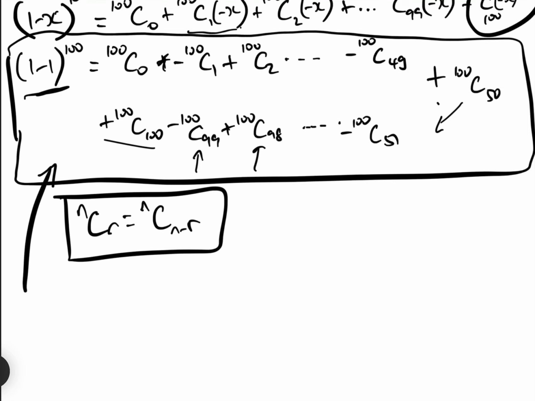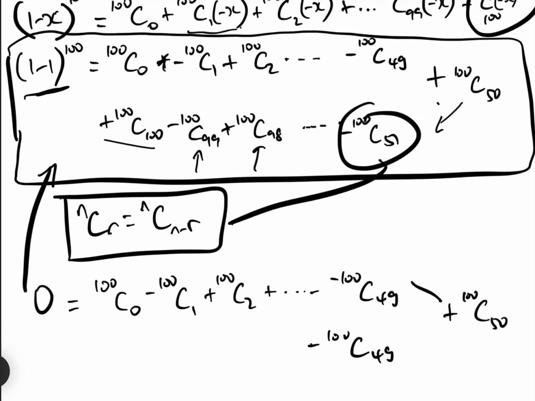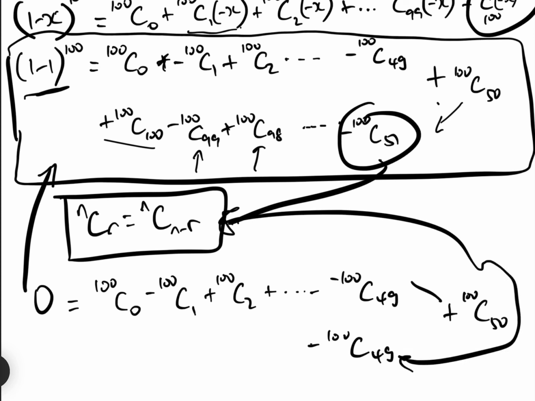So let's simplify this as 0 equals 100C0 minus 100C1, add 100C2, minus 100C49, and we'll keep this written in this way, add 100C50, and then here will be minus 100C49, which is this term using this formula, and then here this will again be 100C0 minus 100C1, add 100C2, and so on.